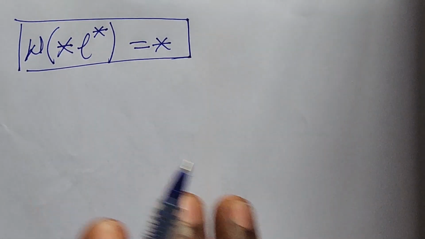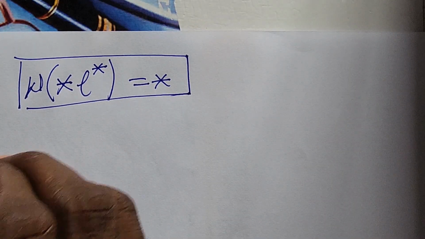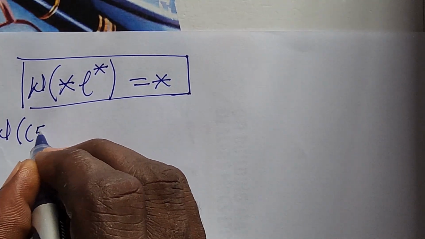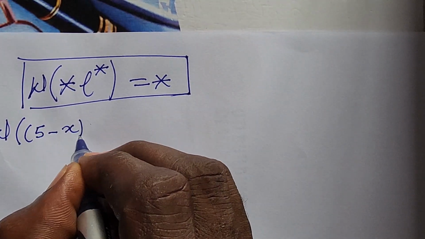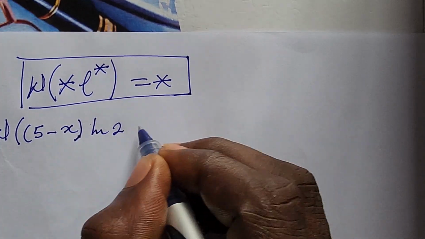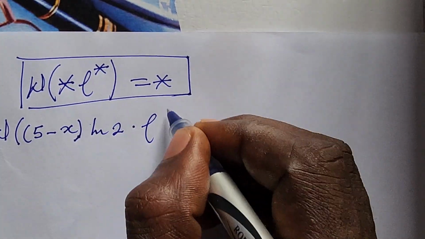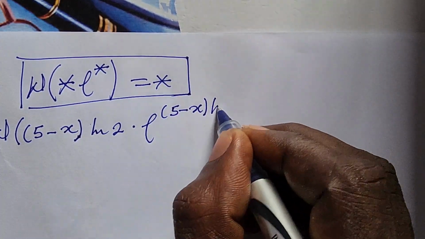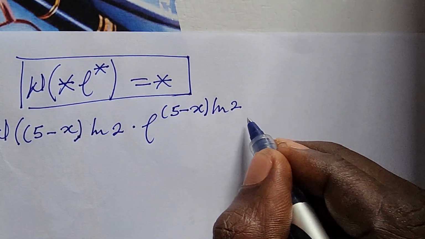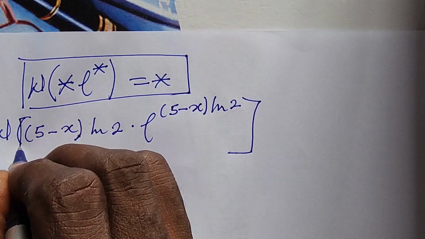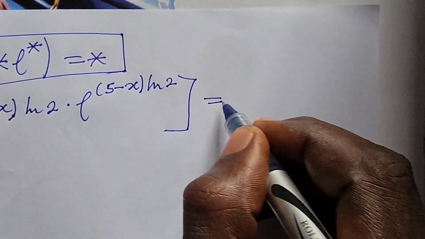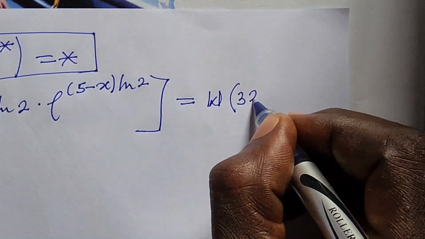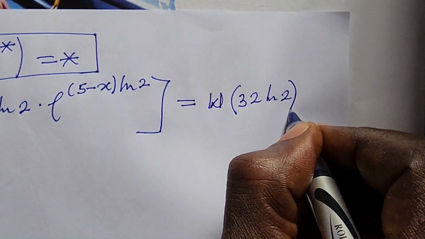We are going to have the Lambert W function of (5 - x) ln of 2 times e to the power of (5 - x) ln of 2. Then let's use the square bracket here. Then everything will be equal to the Lambert W function of 32 ln of 2.